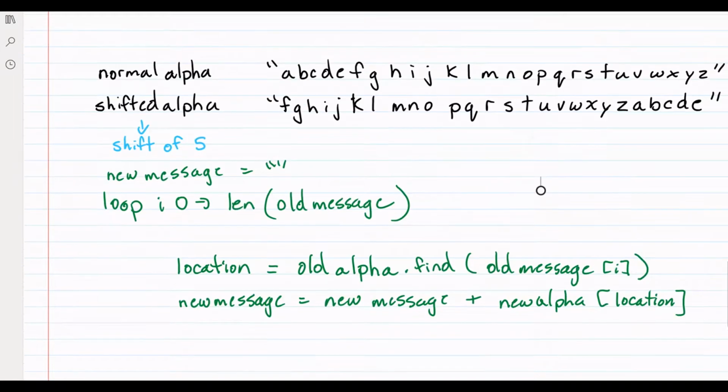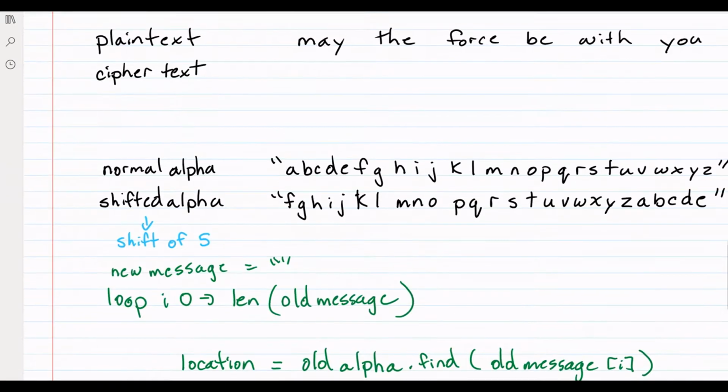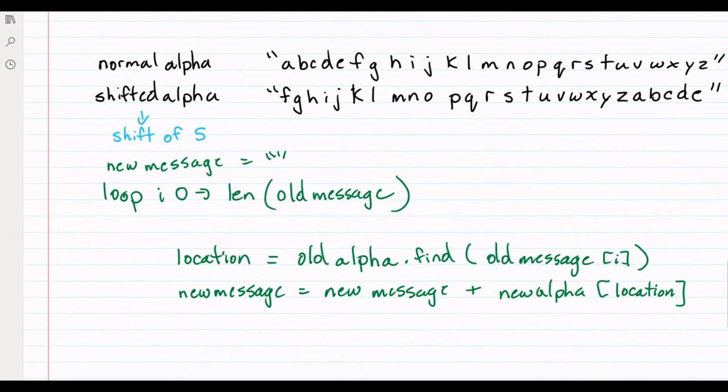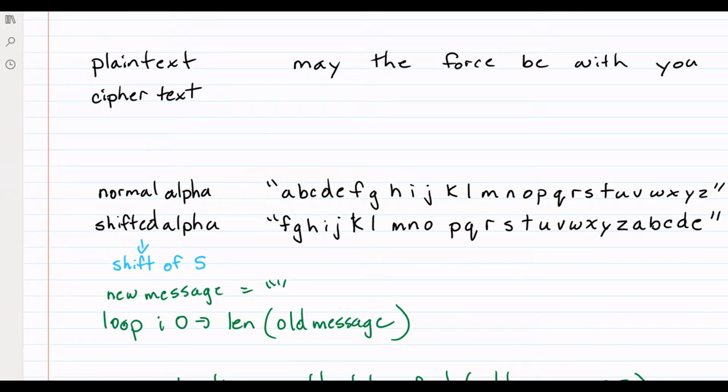So what happens is my I is 0, so I'm looking at the M. I search the normal alphabet for an M, and then I store that location, and then I look at the shifted alphabet at that same location, which is an R. My new message was blank, and I'm going to add an R to it. So after the first iteration of the loop, my cipher text message is just R.